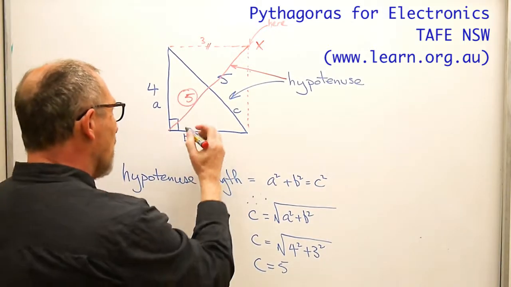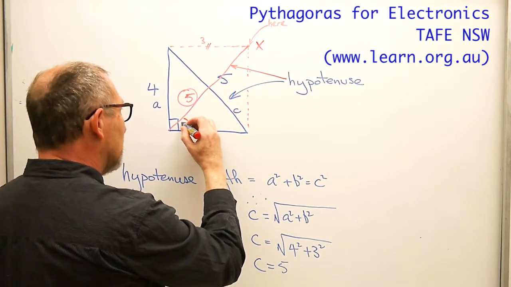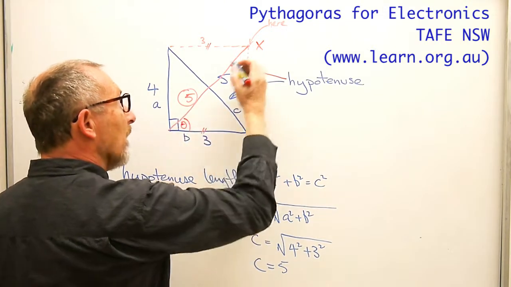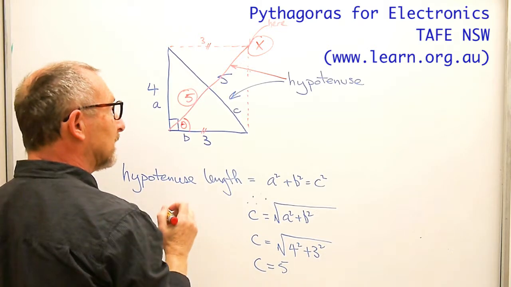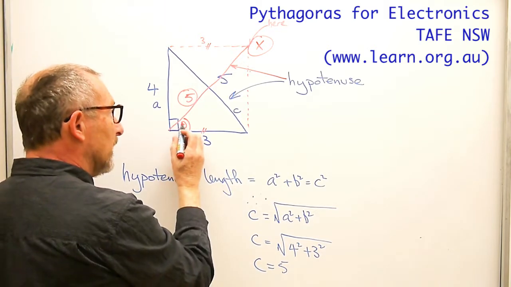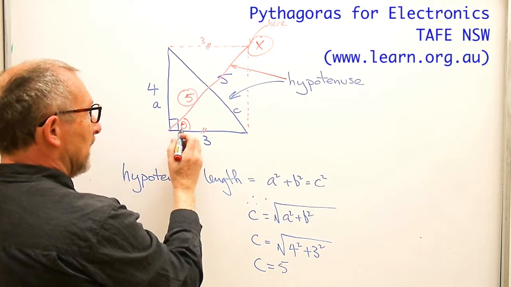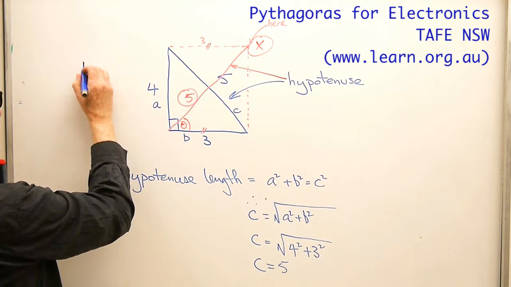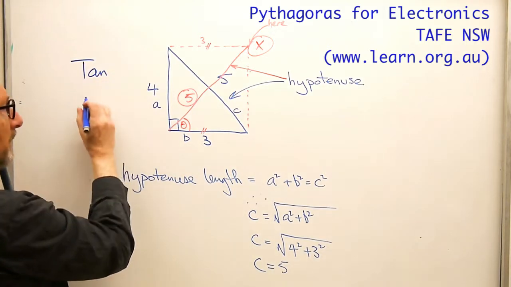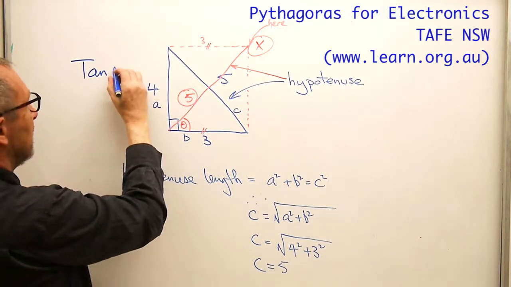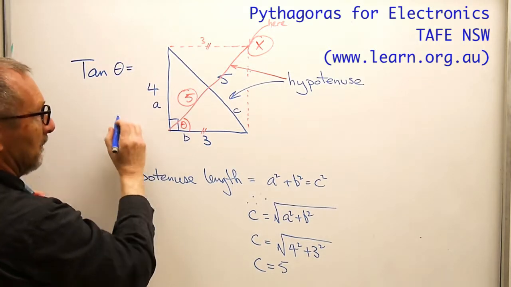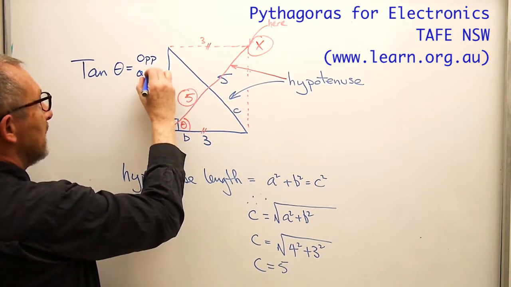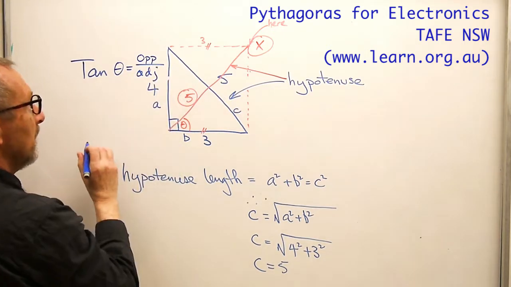So if we know this angle in here, we already know that we've got a length of 5 to get to point X. All we have to do then is calculate this angle. And if we think about a bit of trigonometry, we can do that using the tangent. Tangent of theta is equal to the opposite over the adjacent side.